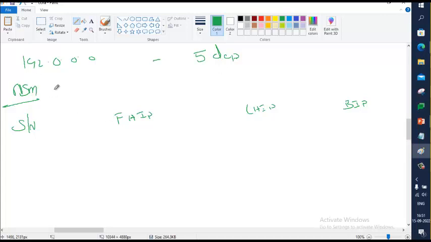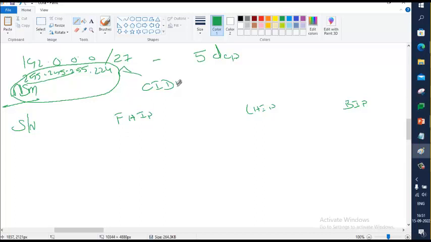Right. So the 255, how many bits? 24 bits. And additionally, you got 3 bits. So you can also write like this, 24 plus 3, 27, slash 27. Instead of writing a new subnet mask like this, you can write a CIDR notation, classless interdomain routing notation. So hereafter you can say only the CIDR.